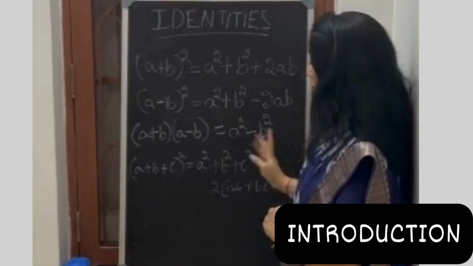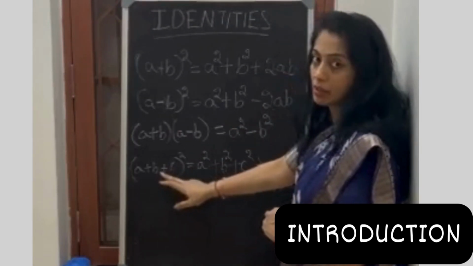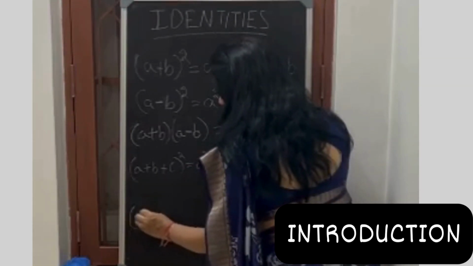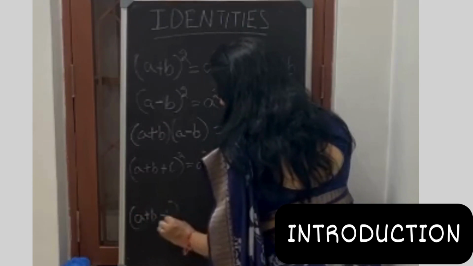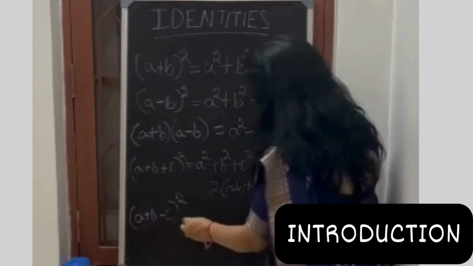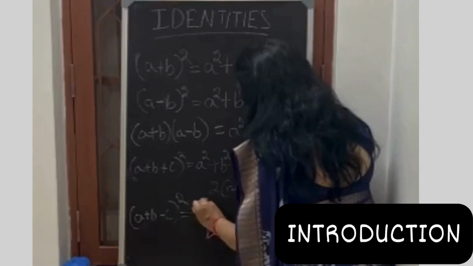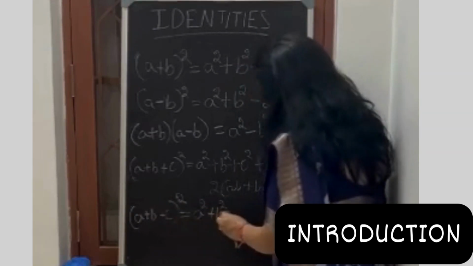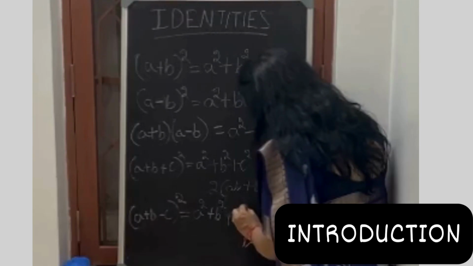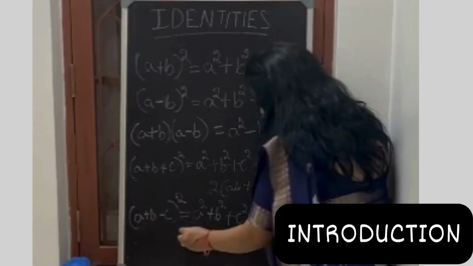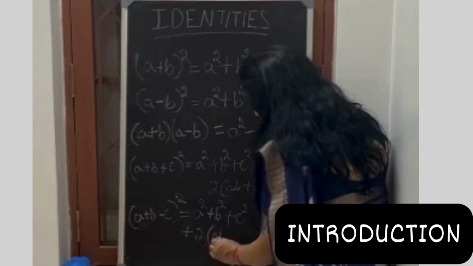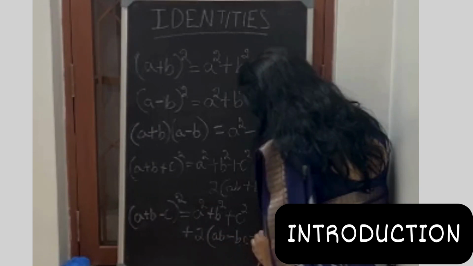Now there is one more formula where there will be a minus sign, minus c. (a plus b minus c) the whole square, which means multiply it twice. So the answer is a square plus b square, plus c square, because minus into minus is plus, then plus 2 into (ab minus bc minus ca).